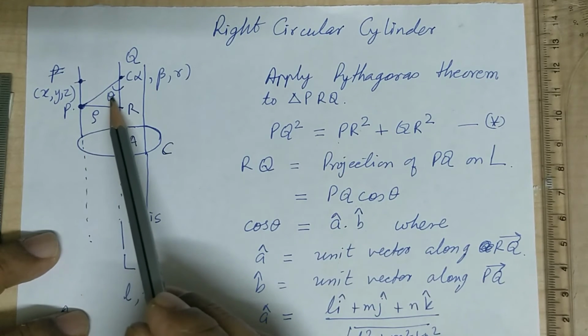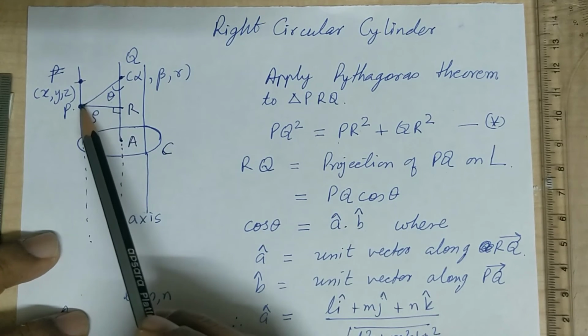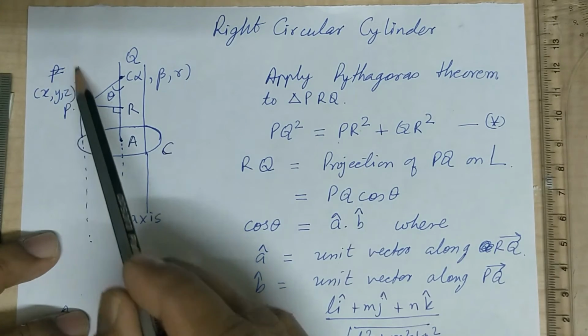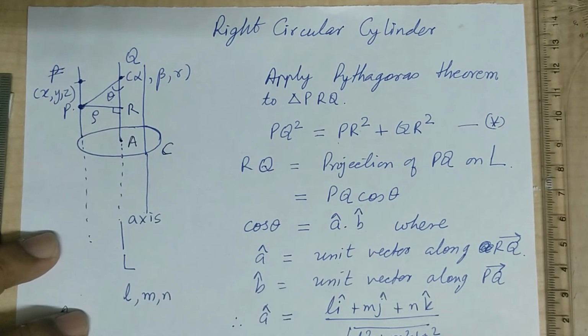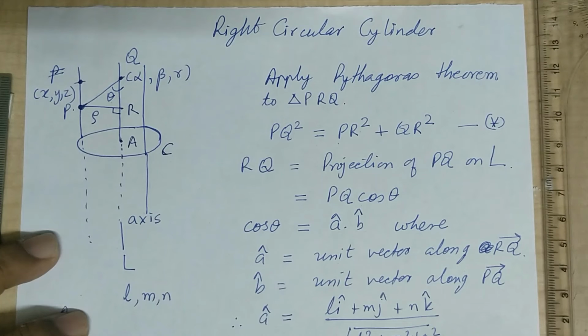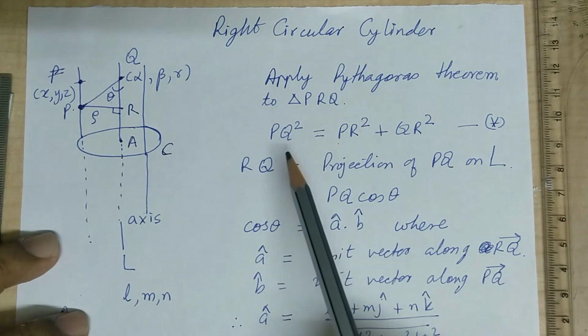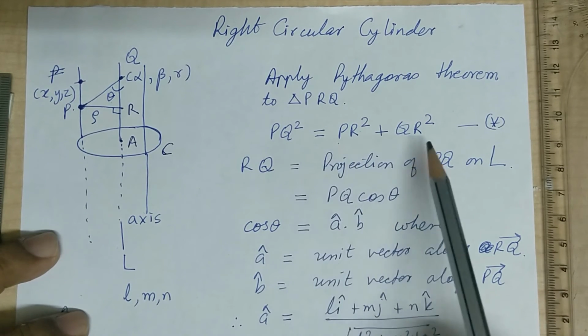Theta is a variable angle because as you choose P on this line, it's obvious that the angle theta is going to vary. So I wish to eliminate theta from this equation.